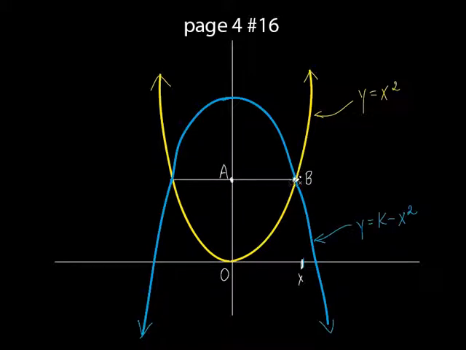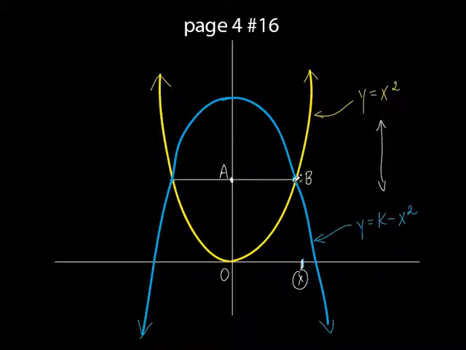So what we're going to do is look at what do these equations even have to do with each other? Well, this point right here, in order to actually solve for X, to find what X is equal to, is where they both intersect each other. So if they both intersect each other, we take these two equations and we set them equal to each other, because that's where they're both equal. So this parabola and this parabola right here share the same point.